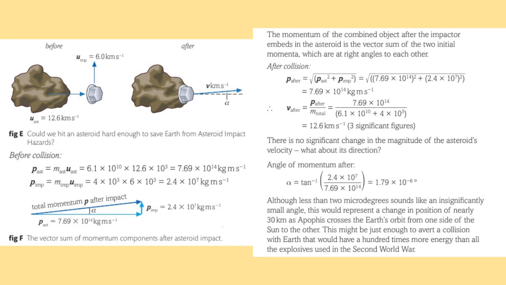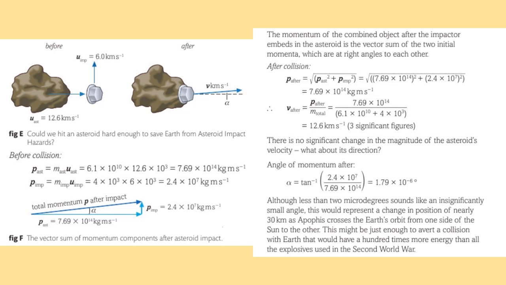So why is this significant? Well, you can look at the angle of the new momentum. Again, if you look at that triangle, you now have a momentum in the horizontal direction and a momentum in the vertical direction, and so you have an angle between them.